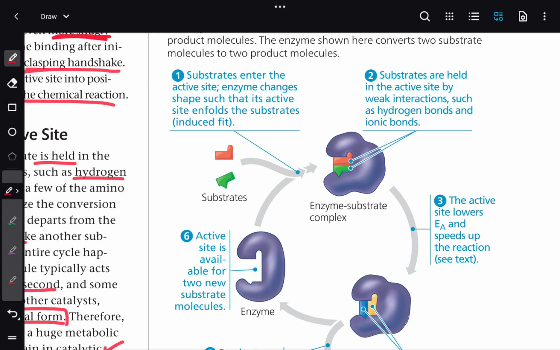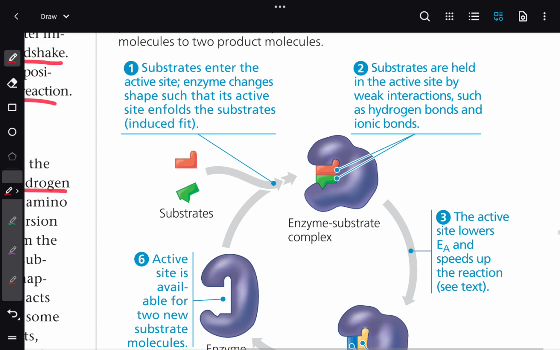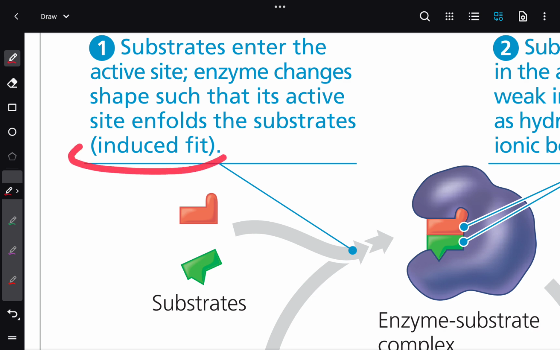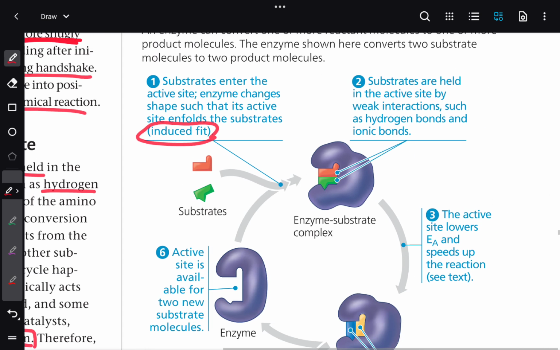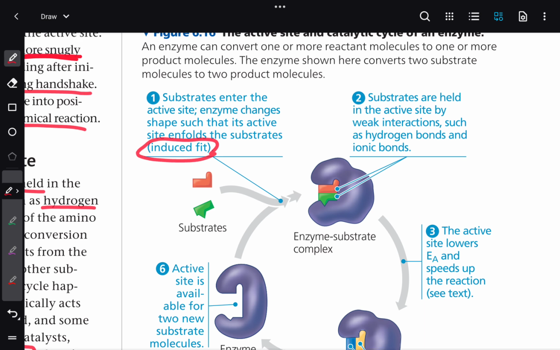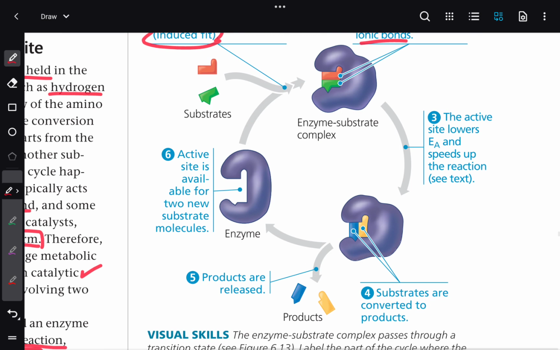The enzyme changes shape such that its active site enfolds the substrates. Now we get the induced fit. The substrates are held in the active site by weak interactions, hydrogen bonds and ionic bonds.